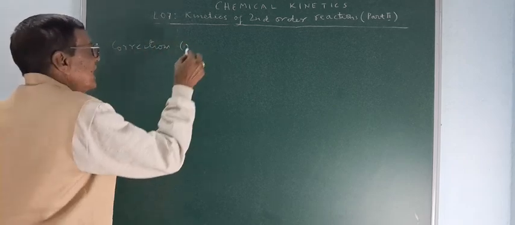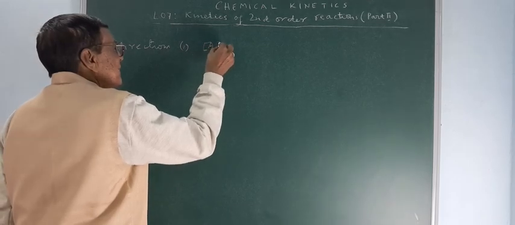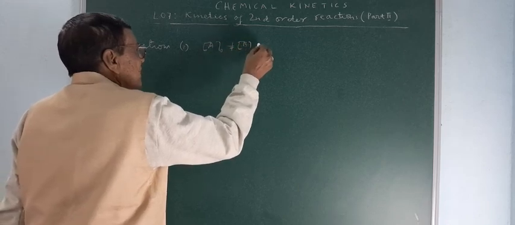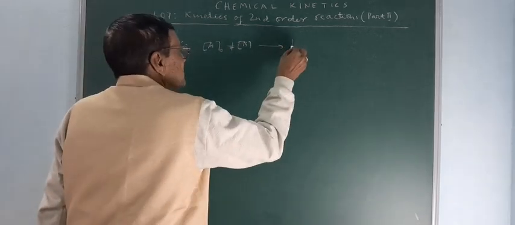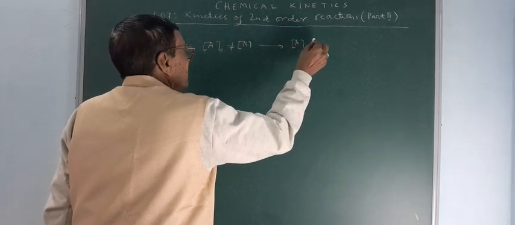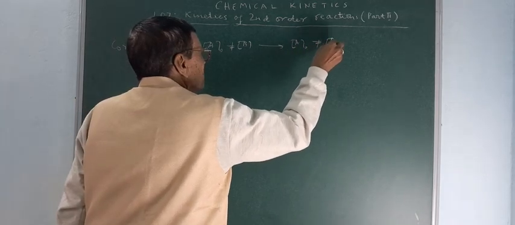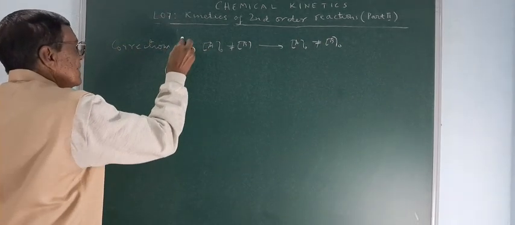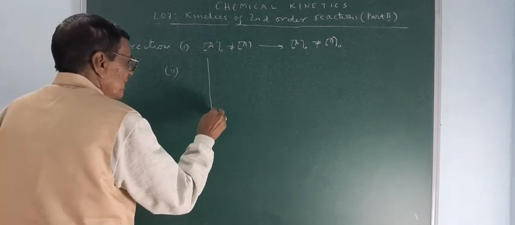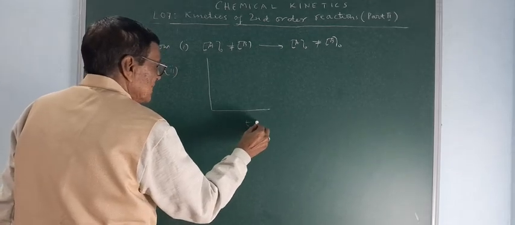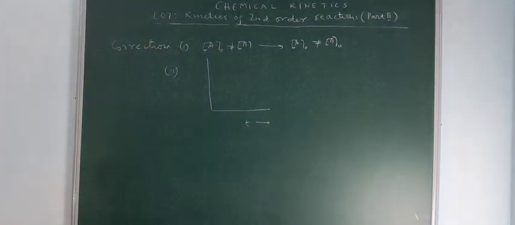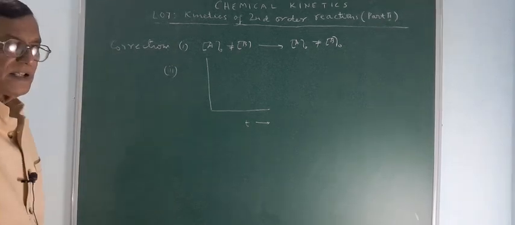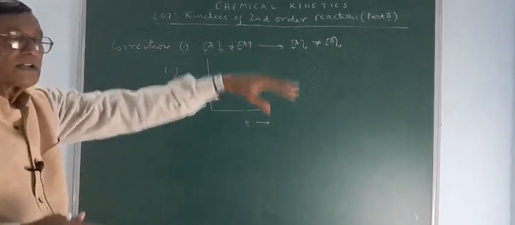Correction number 1: I have written A not equal to B, but it should be concentration of A not equal to concentration of B naught. Naught is omitted. And the second correction: whenever plotted using this equation to find out the value of K2, the rate constant of this reaction, these corrections are made for part 1 of this topic.